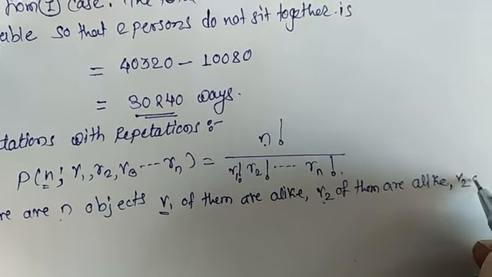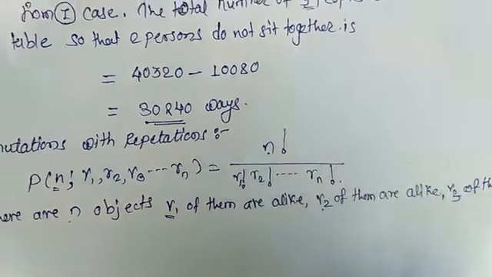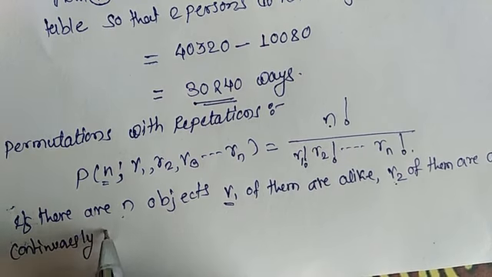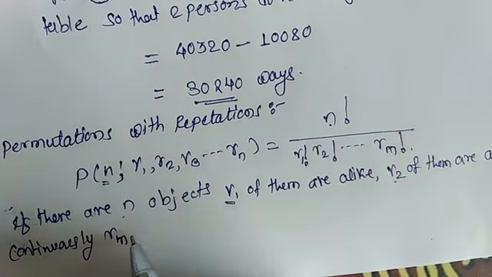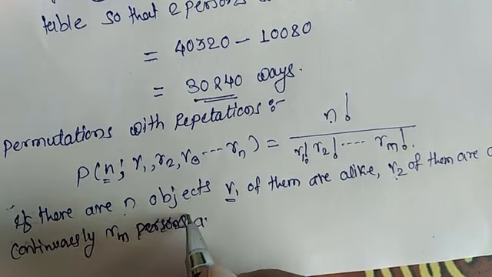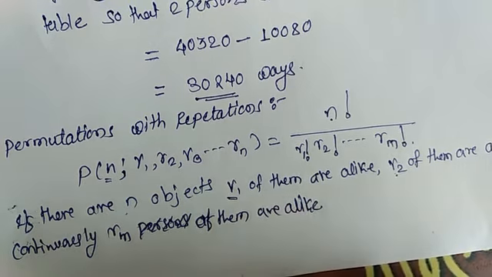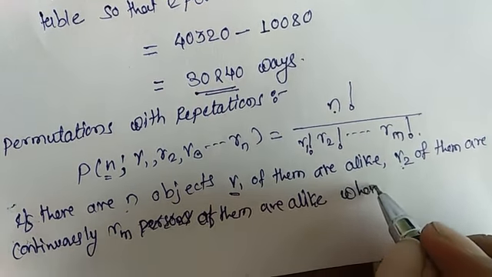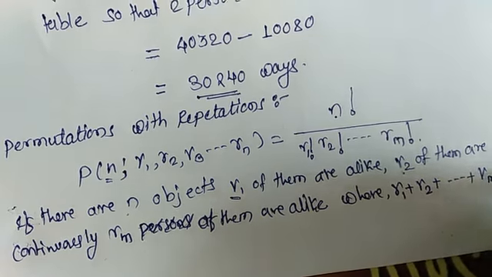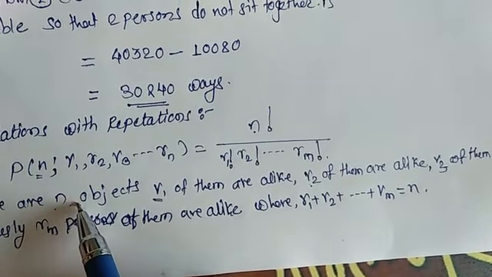R3 of them are alike, and continuing up to Rm of them are alike, where R1 plus R2 plus up to Rm is equal to n. The addition of R1, R2, R3 up to Rm gives us the n objects.